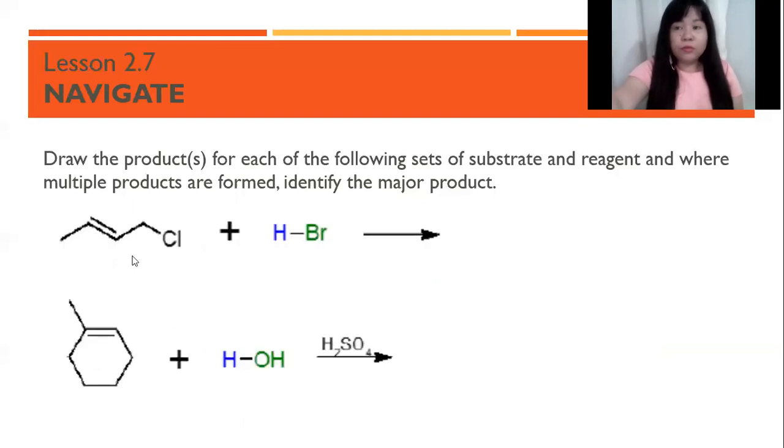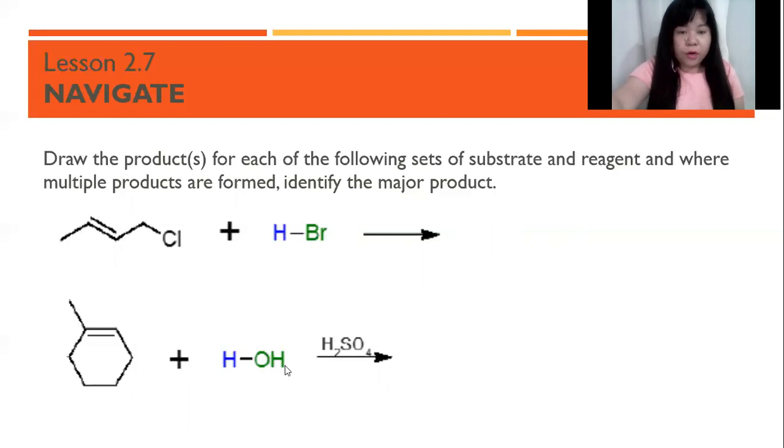Here are the other two items at the Nav Gate part. These are graded. So again, just remember that we are following the Markovnikov's rule for the reaction. So again, hydrogen would attach itself to the less substituted carbon, while bromine would attach itself to the more substituted carbon.